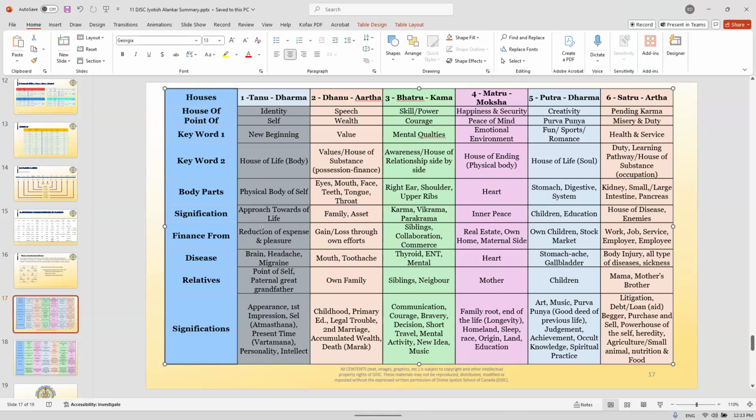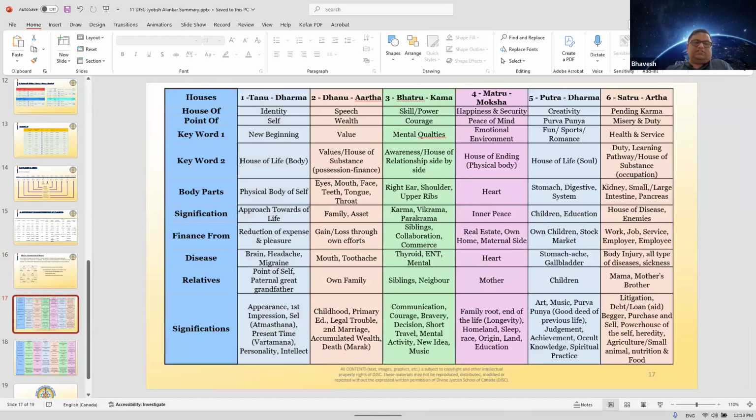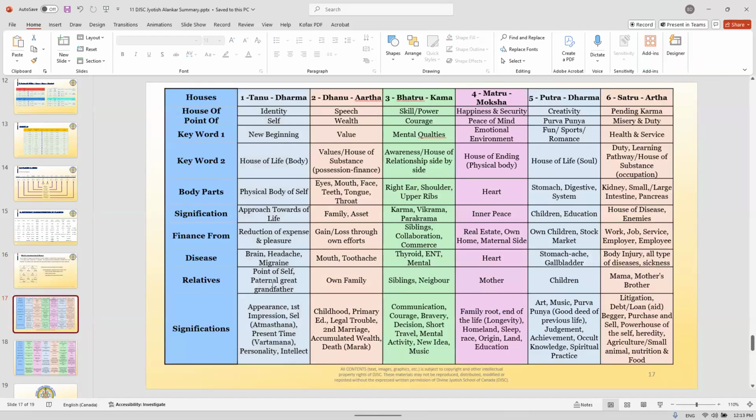Your second house always talks about your speech, wealth, value, your family, your assets, your accumulation, and all that stuff. Same way, your third house. These houses are always fixed, and they represent the same characteristics in each individual.